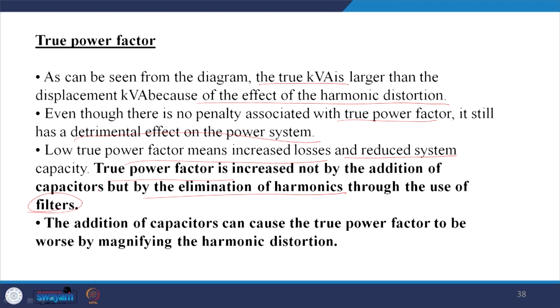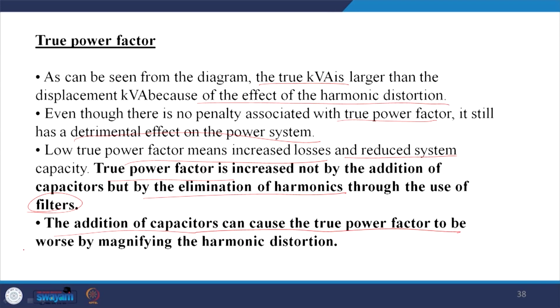Nowadays we are looking for the solution with the active filter. The addition of the capacitor can cause the true power factor to be worse by magnifying the harmonic distortion, that is the problem of it.